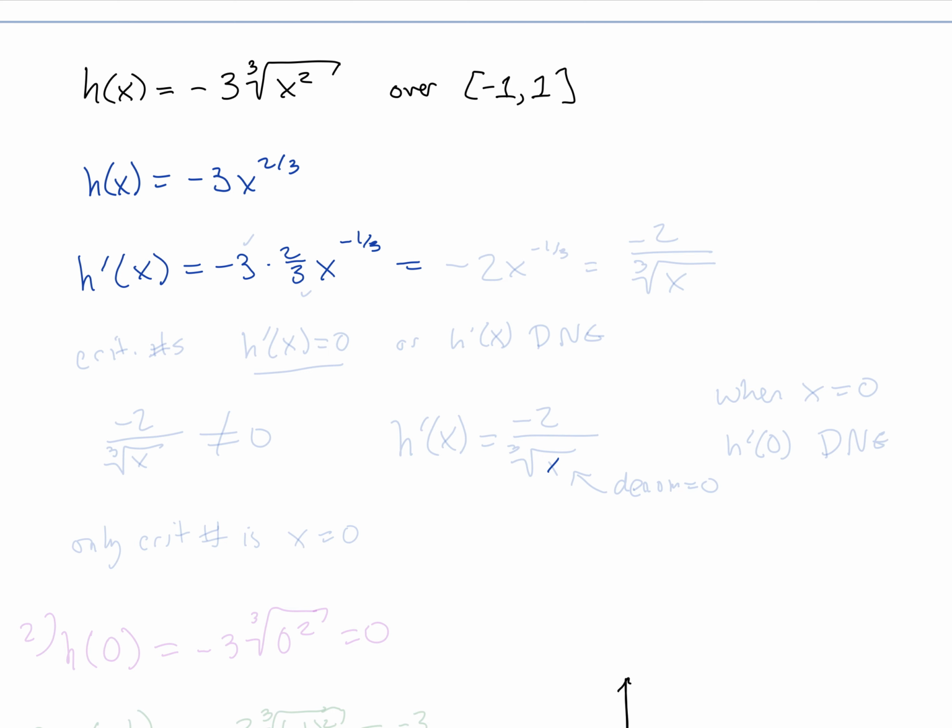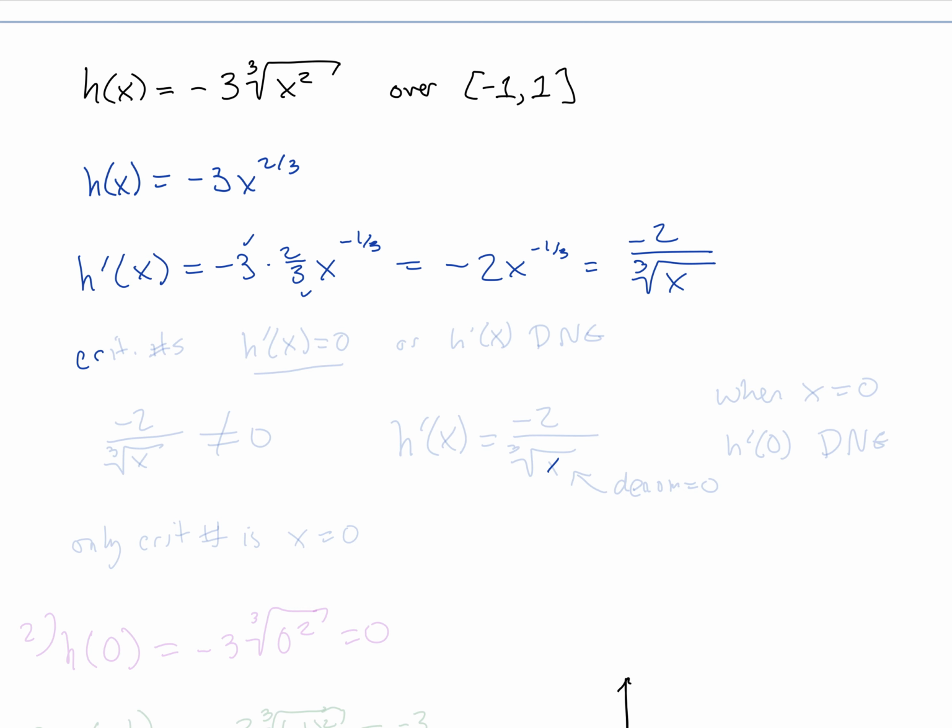The 3 and the 3 cancel out since they're multiplied together, so I've got negative 2 times x to the negative 1/3, which I can rewrite as negative 2 over x to the 1/3. x to the 1/3 is the cube root of x. So that is h prime of x.